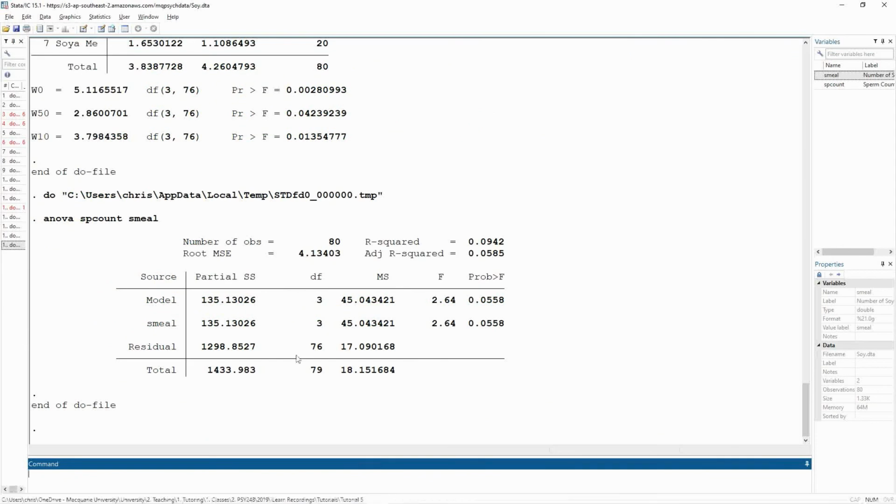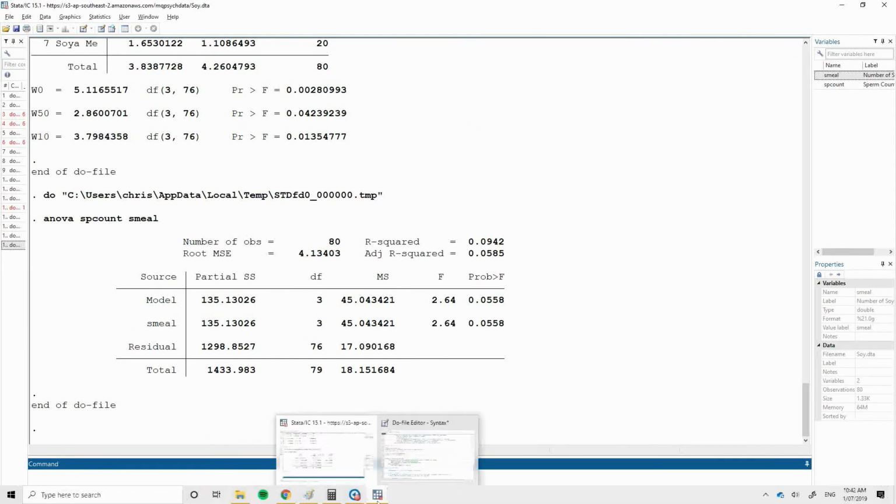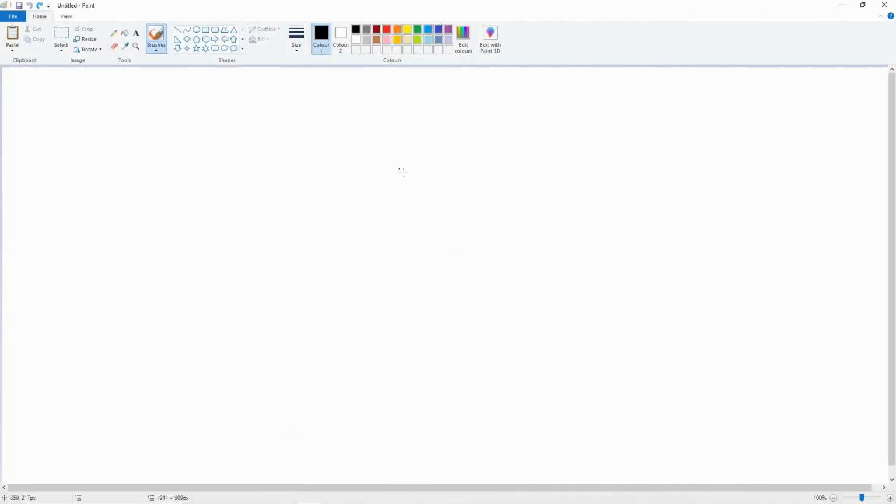Now what about the residuals degrees of freedom? It's 76. The residuals degrees of freedom is asking the question, how many people in each group can have any value they like without affecting the group mean? So let's say I had 3 groups, group 1, group 2, group 3, and each of those had 4 people.